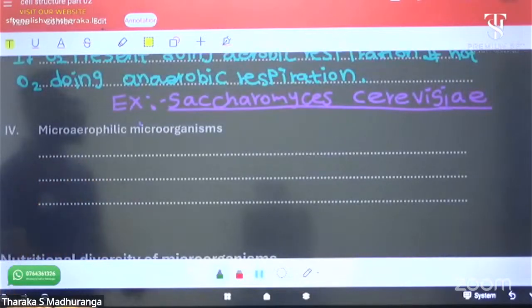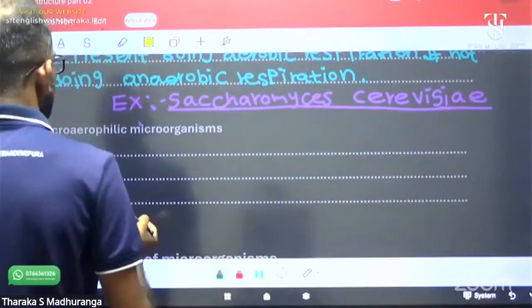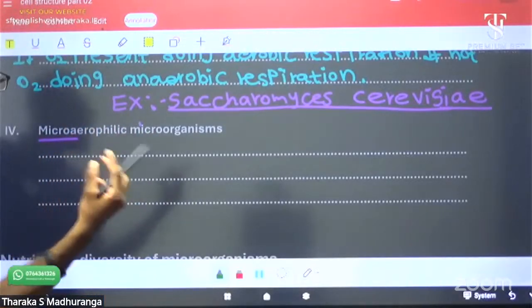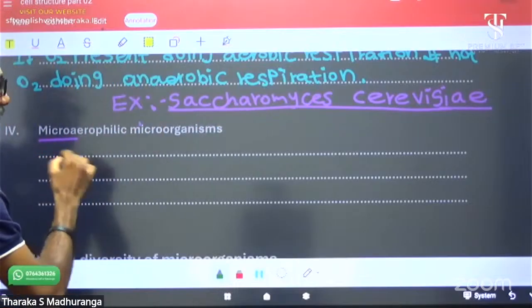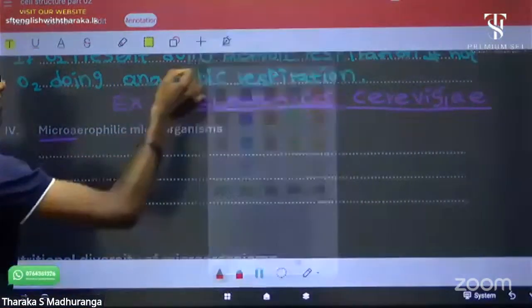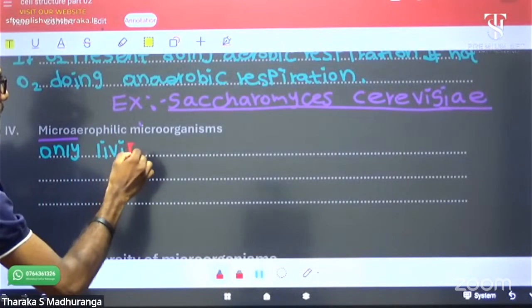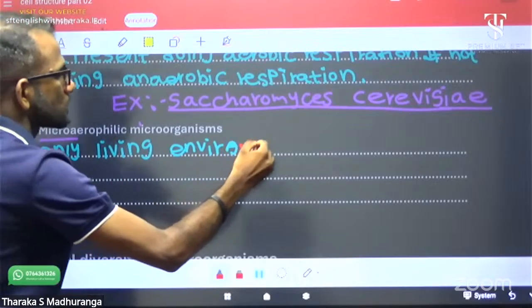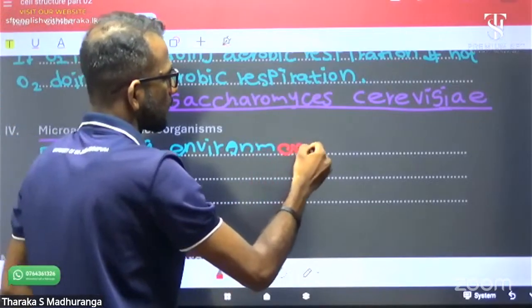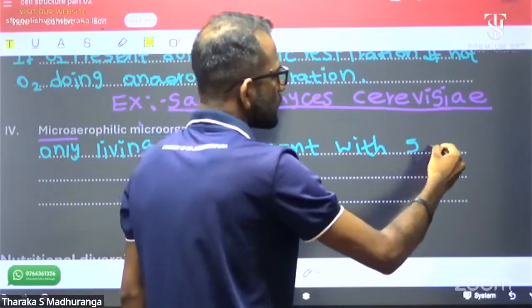What is the meaning of microaerophilic microorganisms? Microaerophilic means they require a very small amount of oxygen, only 5 to 10%.